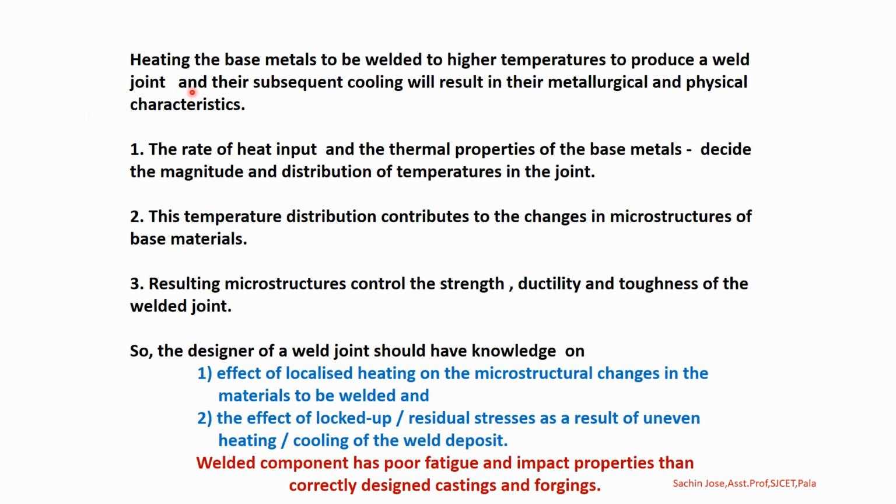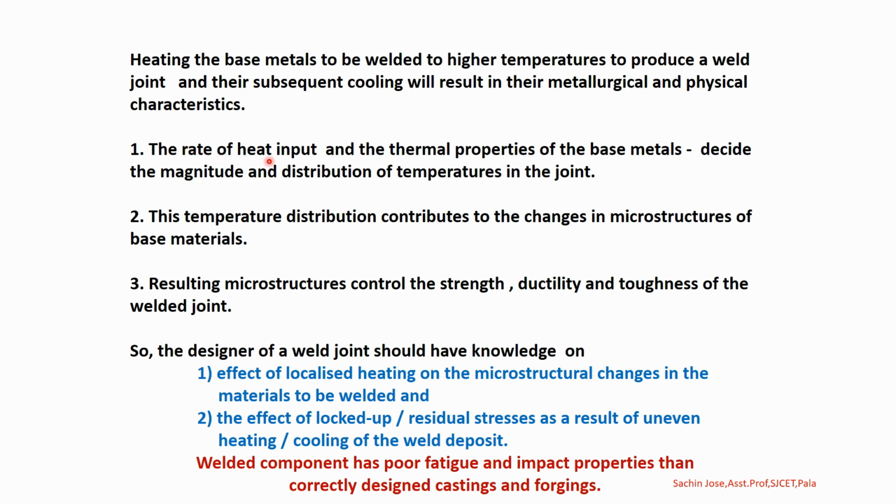Okay. Heating the base metals to be welded to higher temperatures to produce a weld joint results in changes in their metallurgical and physical characteristics. As I said in the last slide, it affects the properties or the characteristics of the metal, whether physical, microstructural, or chemical, right?